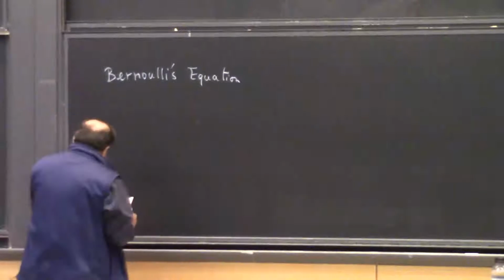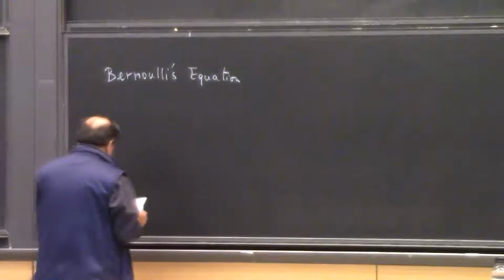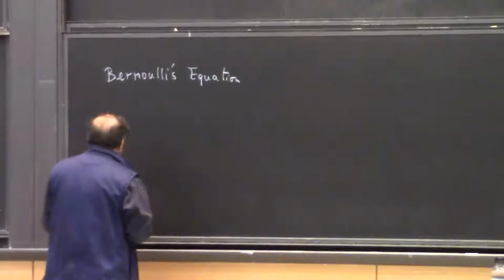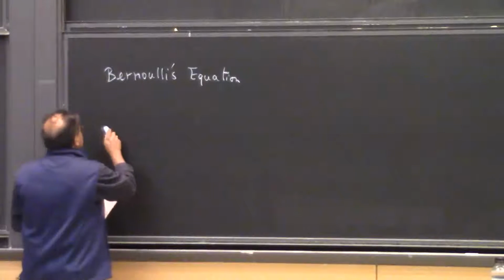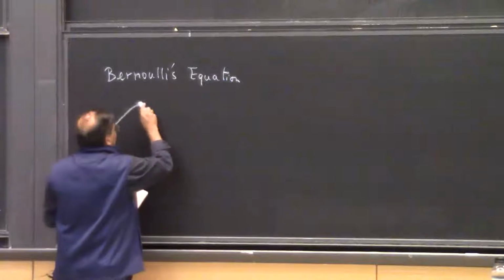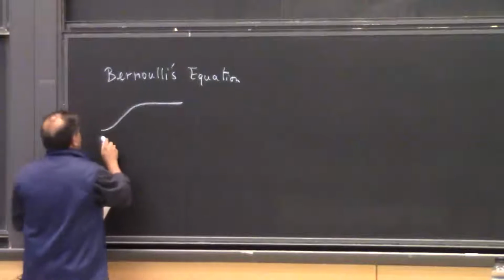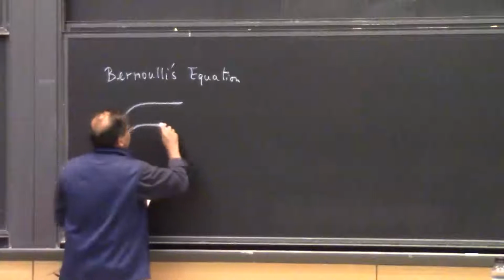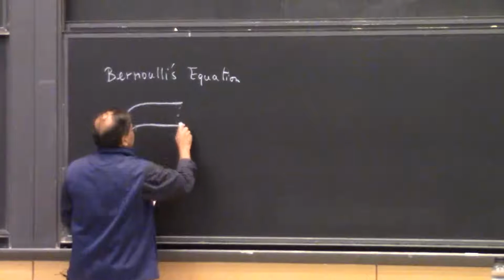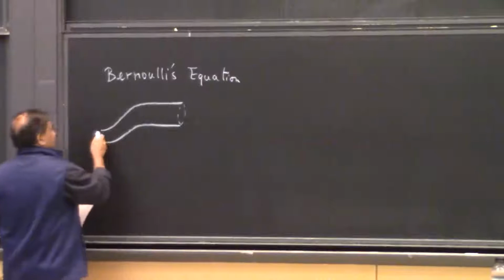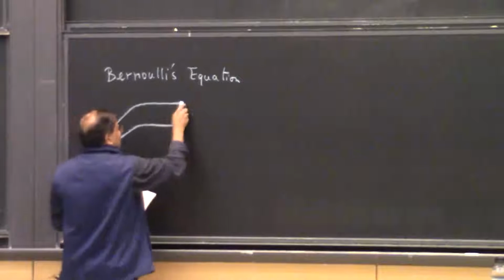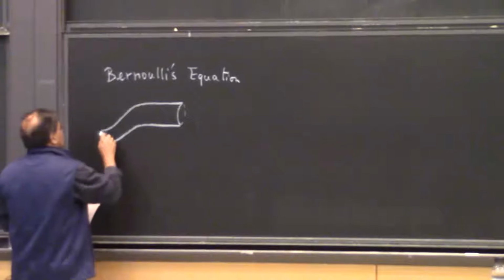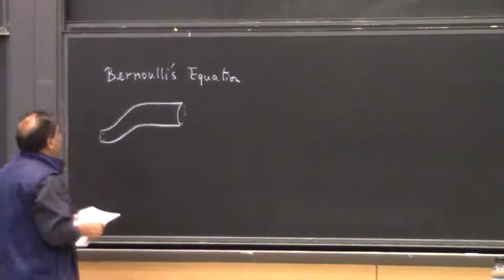So one way of appreciating Bernoulli's equation is by considering some kind of a pipe, let's say like this, through which you have fluid flow.